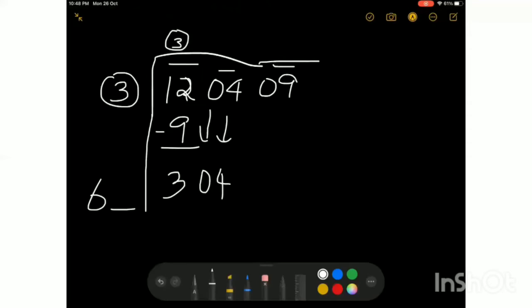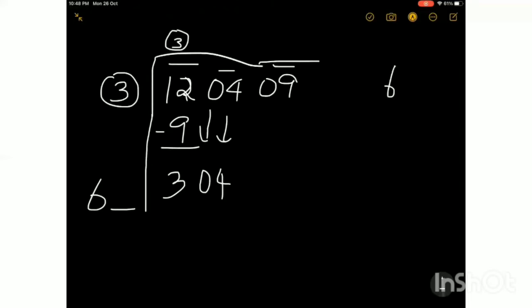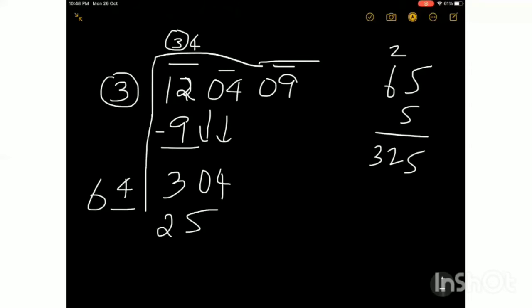We cannot do it here. So we can only write 4 here. So 64 into 4, and we write 256. 304 minus 256 gives you 48.